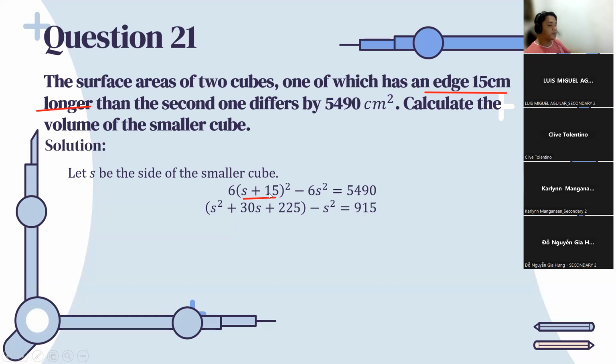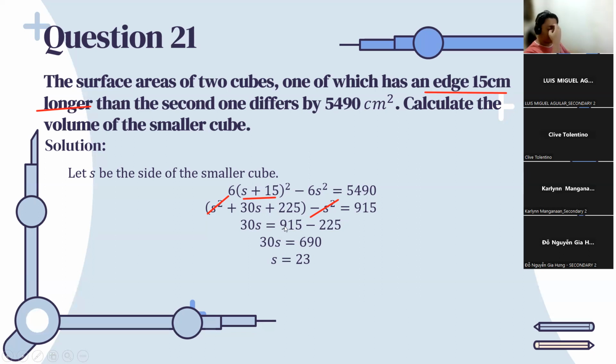We simplify S plus 15 squared. That will be S squared plus 30S plus 225. We subtract S squared. And then we have 30S is equal to 915 minus 225, which will give us 690. And then we divide both sides by 30, giving us 23. So this is the side length of the smaller cube.